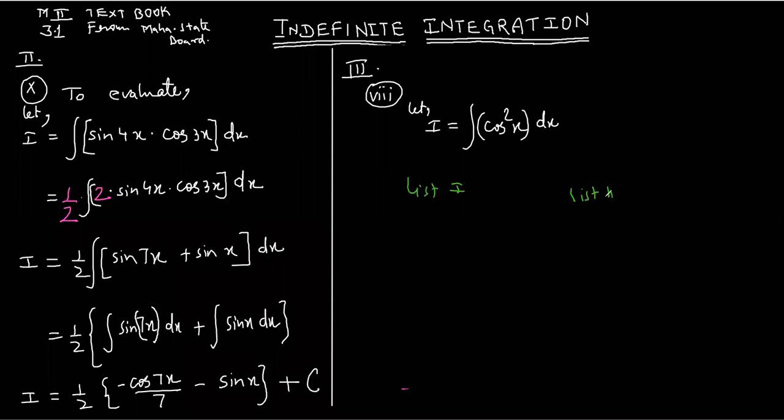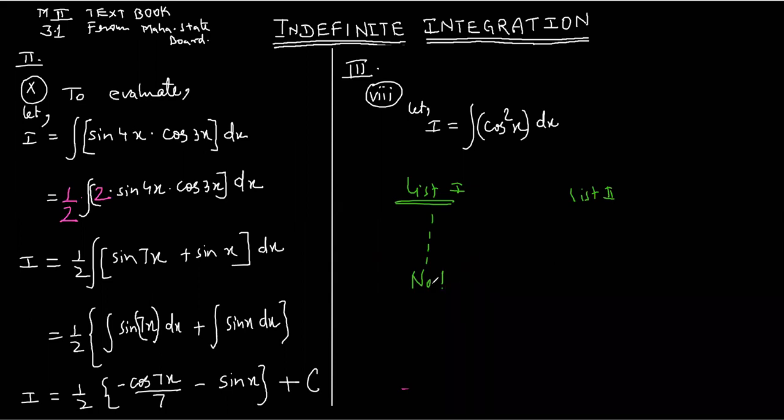So I ask myself, do I have the integration of cos squared x in list 1? The answer is no. If you do not know what list 1 and list 2 are, you will have to see my previous videos, in lecture number 1, where you will know what I mean by list 1 and list 2.